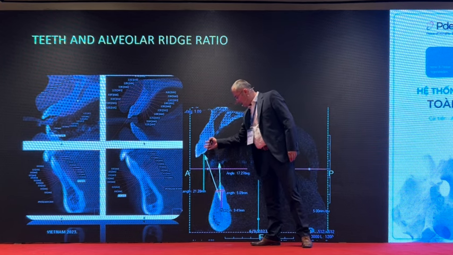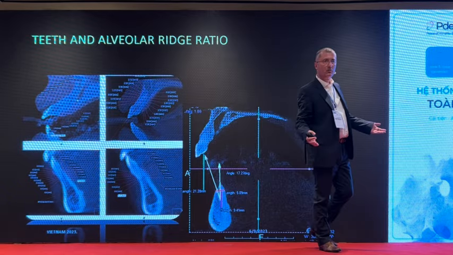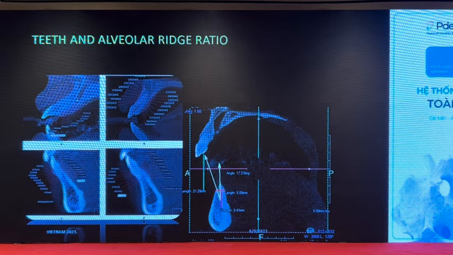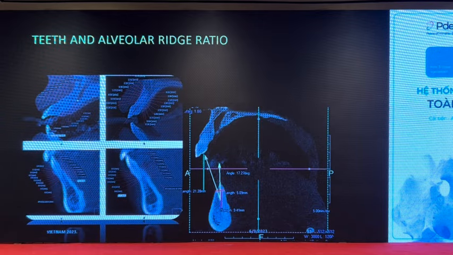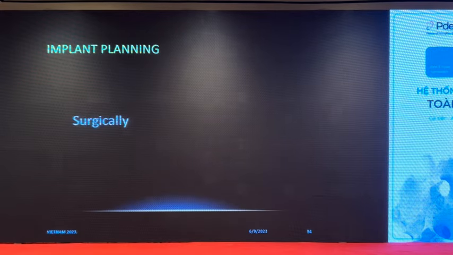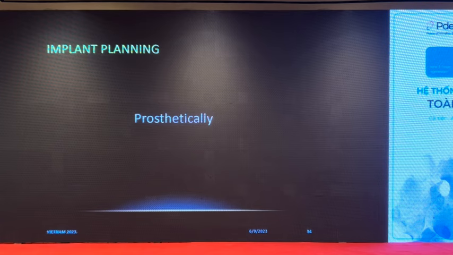If we want to put implants in this position, we need to do something with the resorbed bone, or we need to do augmentation. So this surgically driven approach can be changed into a prosthetic approach and nowadays into a regeneratively driven approach.